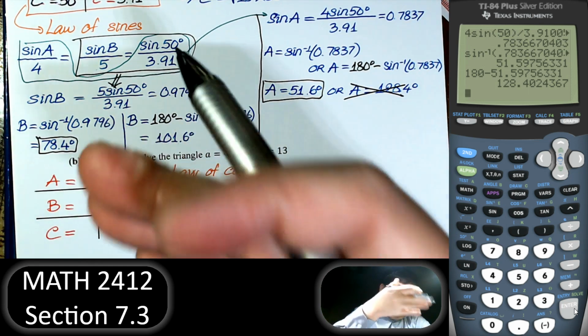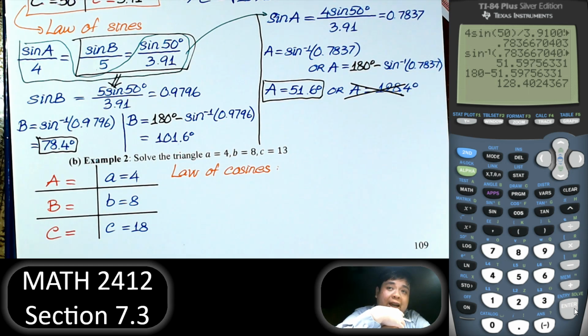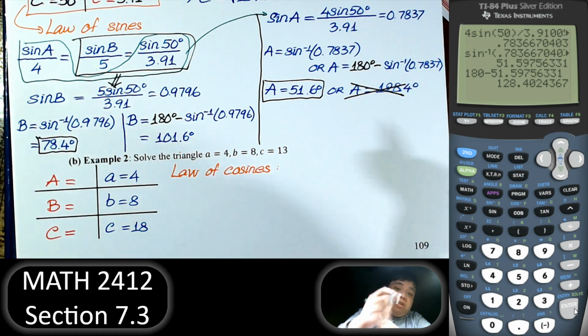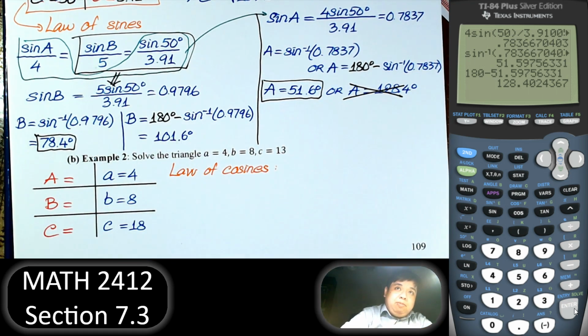Now, let's go back to the problem. We're trying to find an angle here, right? And I just mentioned before, preferably, we don't want to use the law of sine to find the biggest angle, because potentially that could be the supplement.